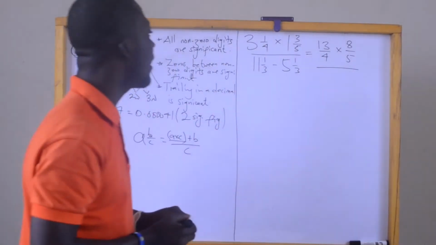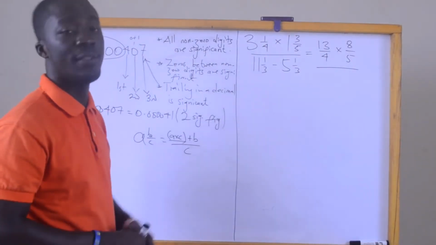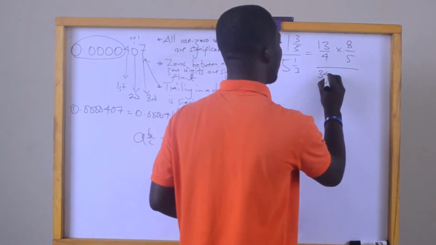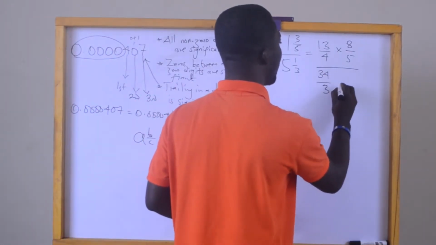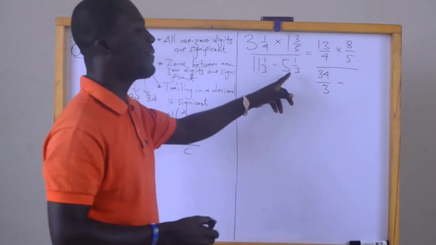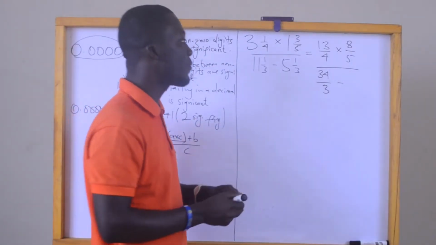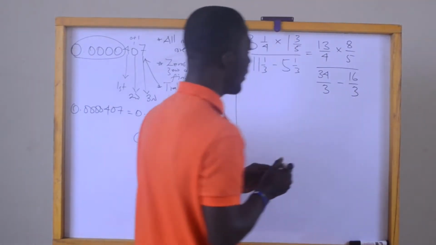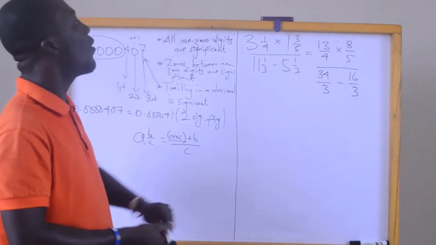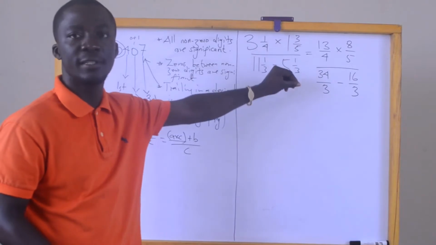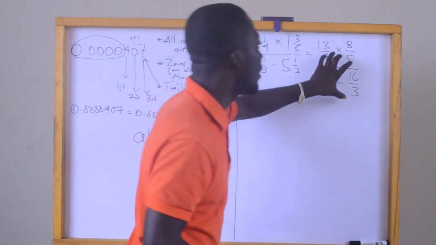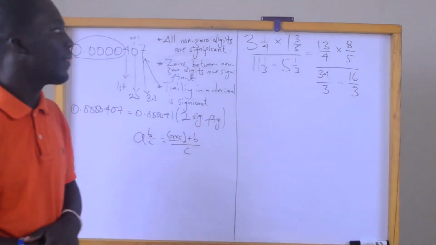All divided by 11 times 3 is 33 plus 1, 34 divided by 3, minus 5 times 3 is 15 plus 1, 16 over 3. Now we have converted all the mixed fractions in our expression to improper fractions.